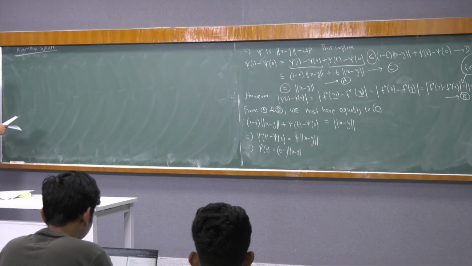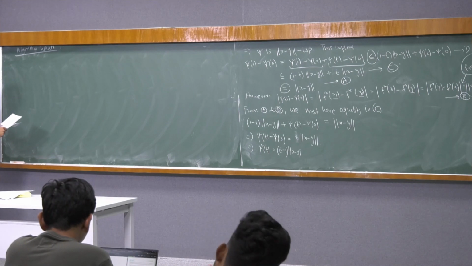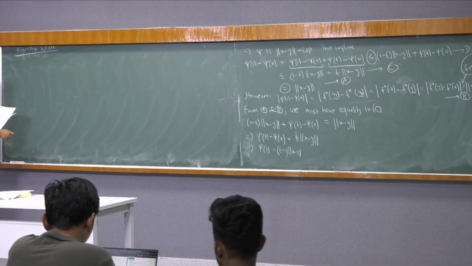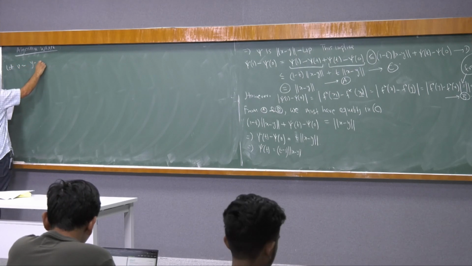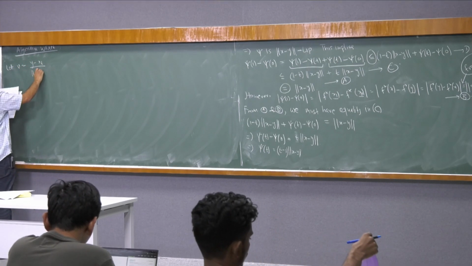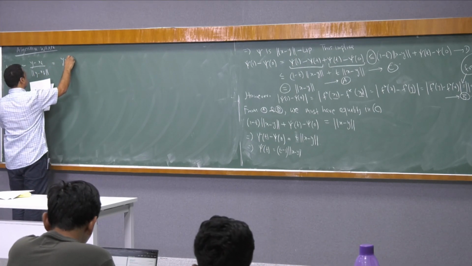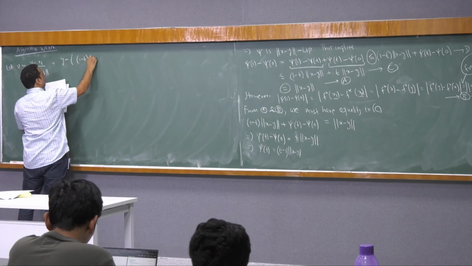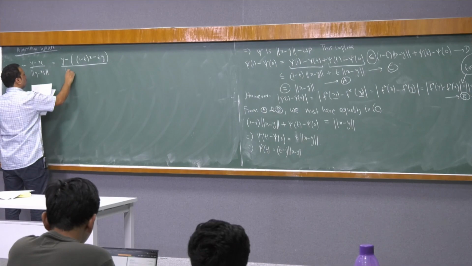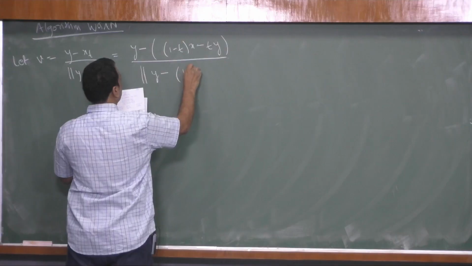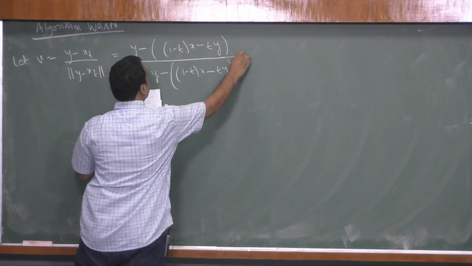Okay, so this is our claim, the corrected claim, and so let V be y minus xt by norm of y minus xt, and this will be y minus 1 minus t x minus dy divided by norm of y minus 1 minus tx minus dy, right?